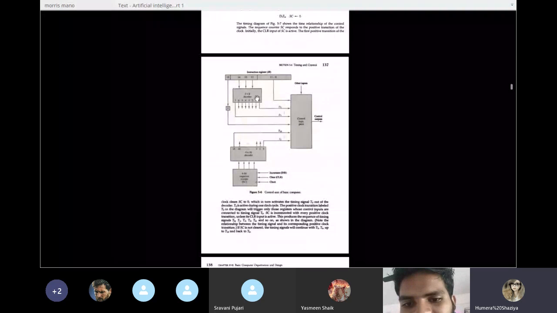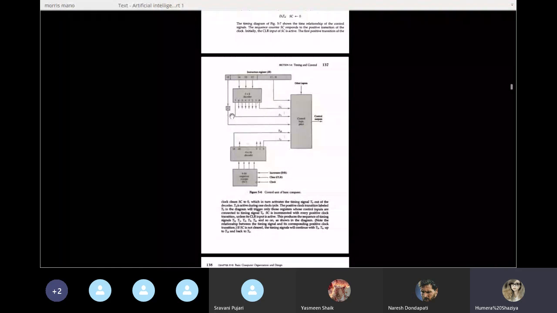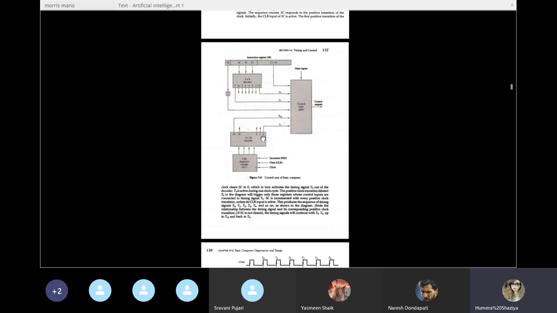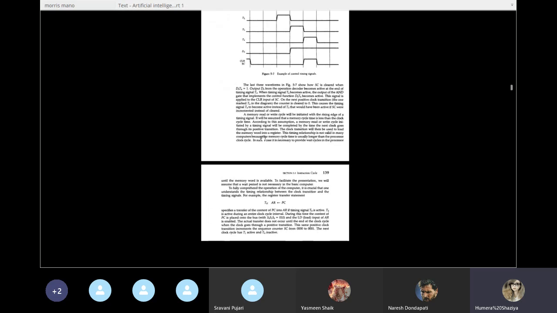This decoder will get timing signal T2. The decoder has select input lines, and those lines will be connected to the timing signals.